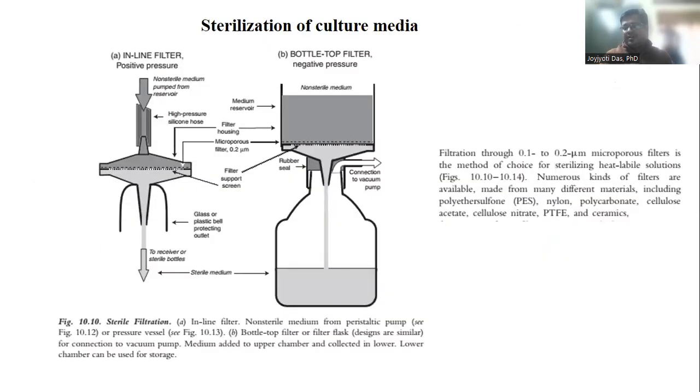Okay, so with that, we'll come to the next part of our lecture, which deals with the sterilization of culture media. In my previous lecture, I discussed the various techniques of sterilization of objects that you use in cell culture.